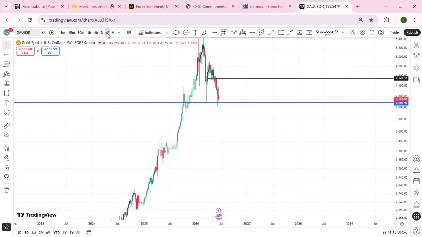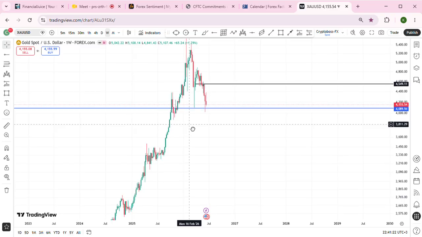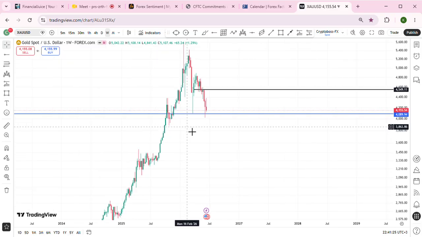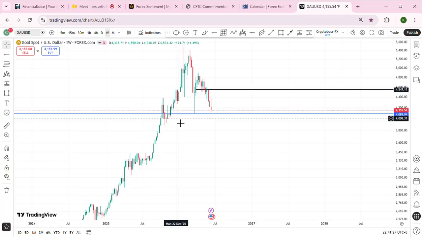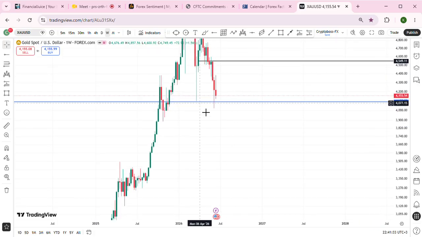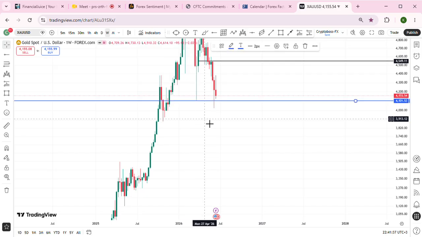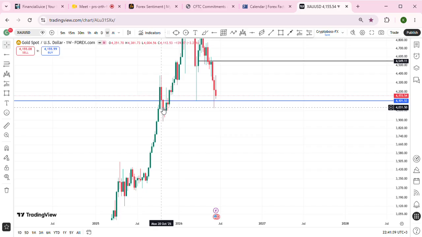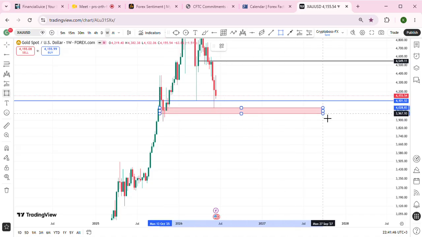Now coming to weekly time frame, you can see from where the market reacted after taking out this, it happened to be kind of an, what? Is it an order block or what do you guys call it?